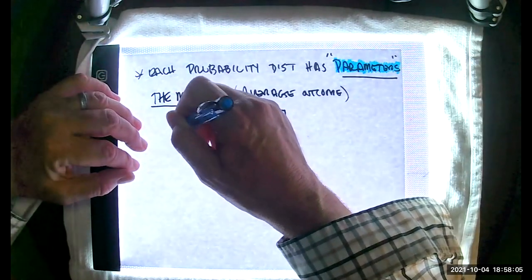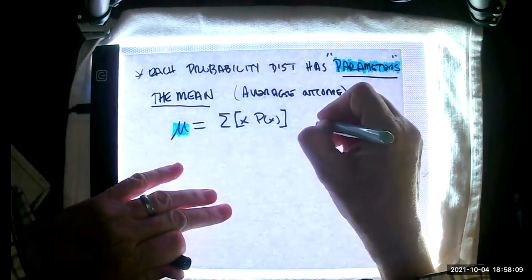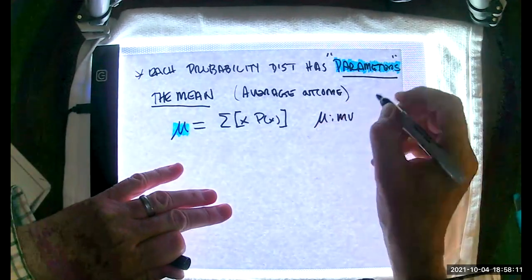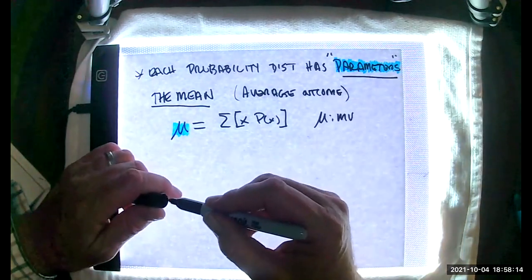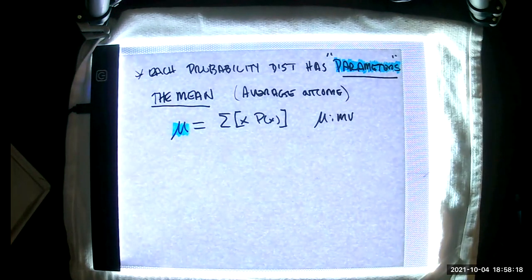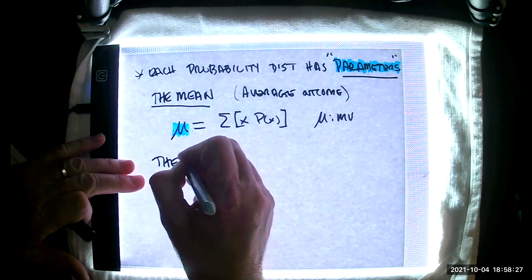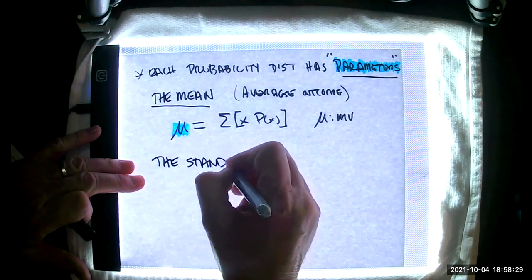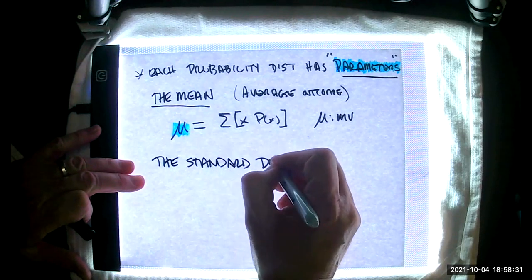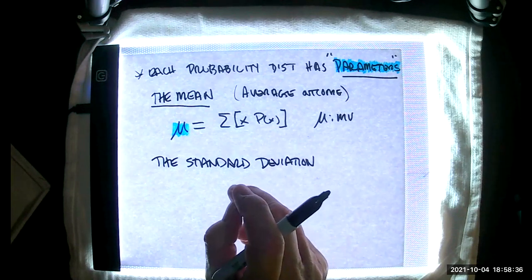And I'll remind you that we used Greek letters. This is the Greek letter mu, M-U. So we interpret a probability distribution very much like population data. We have the mean, we have the standard deviation. I'm going to put the formula up here.